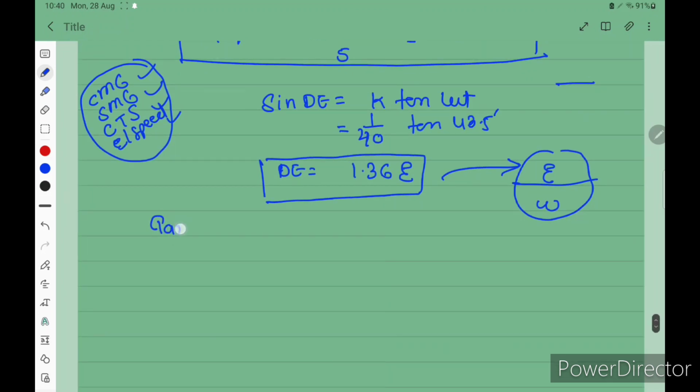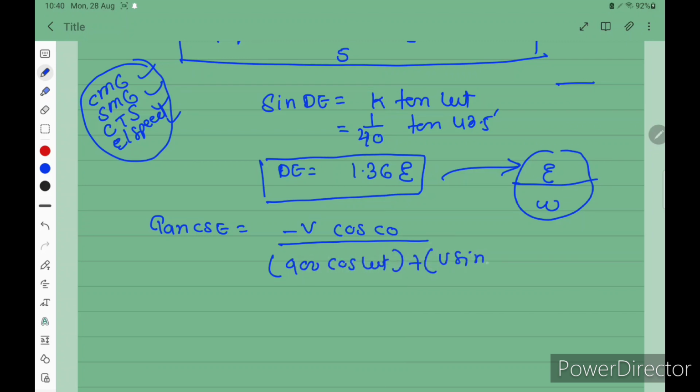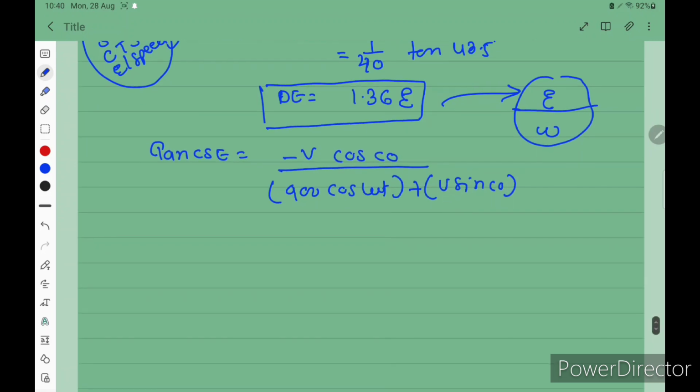Now the course and speed error is equal to minus V cos course divided by 900 cos latitude plus V sin course. Now we have to put the speed, so we have to put the engine speed, so minus 17.74. Because of these two formulas we have to calculate the course made good, speed made good, engine speed and the course to steer.